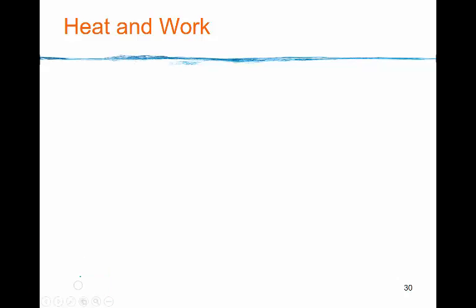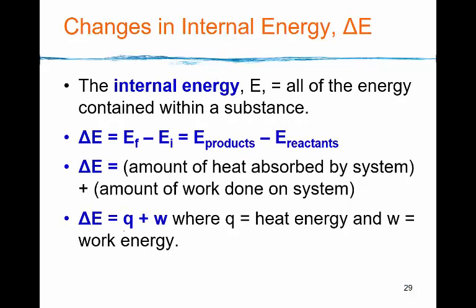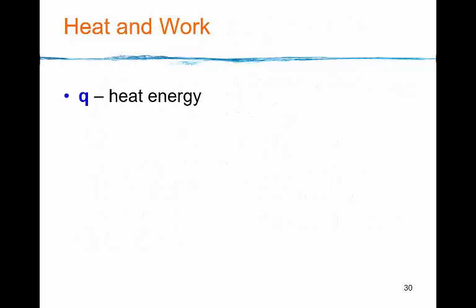The way we get that oriented mathematically is that delta E is going to be equal to Q plus W. Q is heat, like we've already seen, and W is the amount of work done on the system.